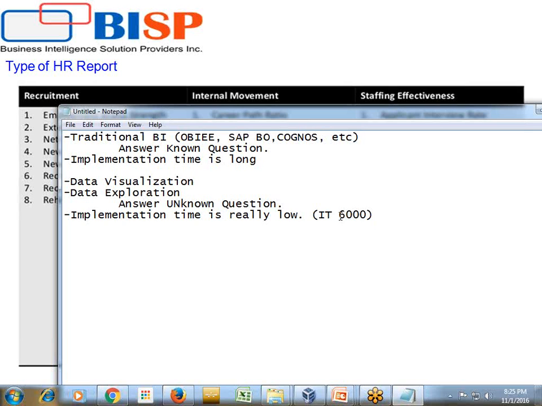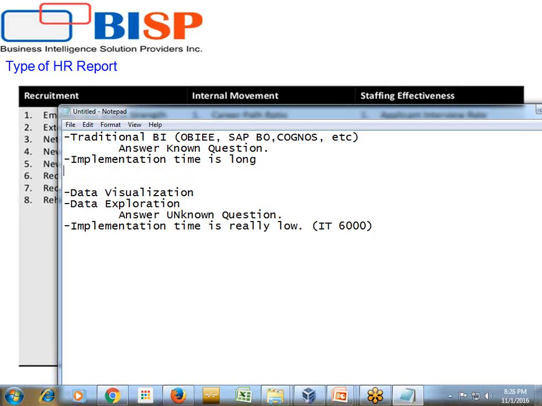To the extent of the cost, with such a minimum budget, you can think of implementing business intelligence, which was absolutely impossible. So implementation time is low. There is the cost. Basically, traditional BI was designed for enterprise business intelligence.